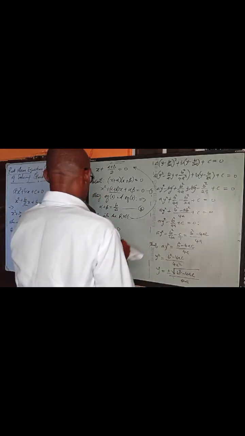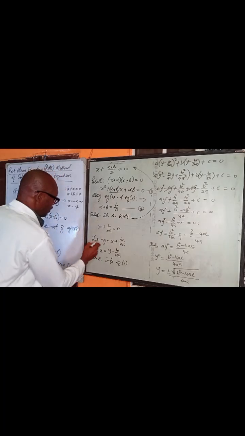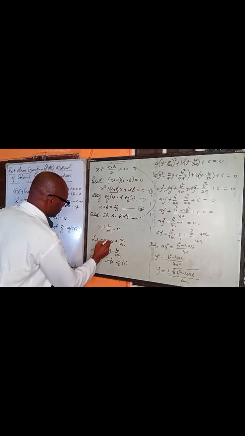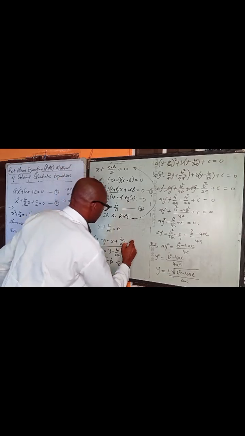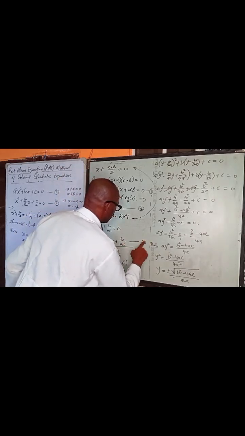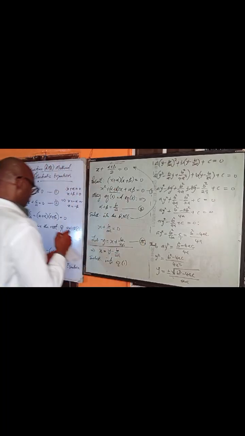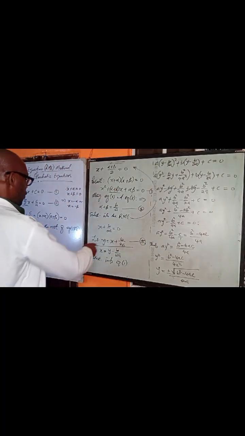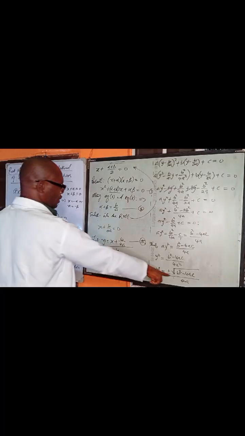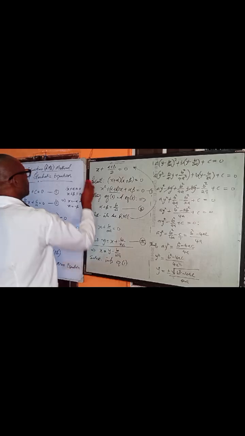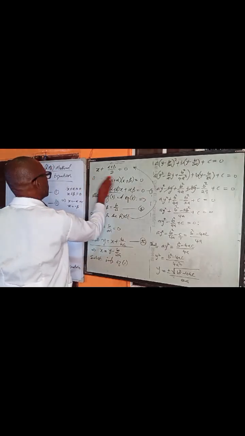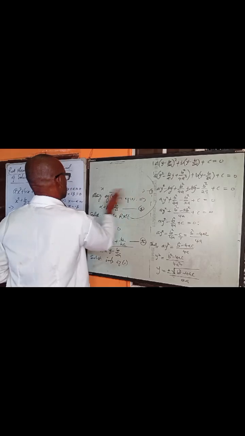Okay, recall our equation here. So I can call this equation 5. Call this equation 5. So if we substitute for y, because we have our y to be equal to this. If we substitute for y in equation 5, we will have, let me put this here.